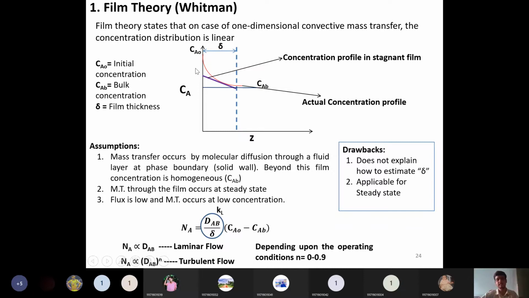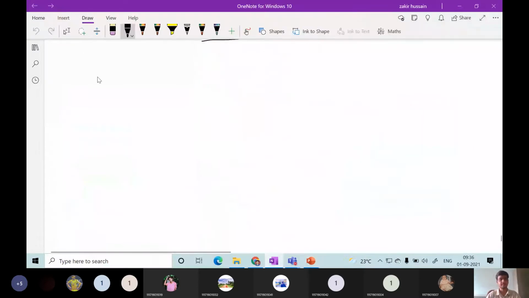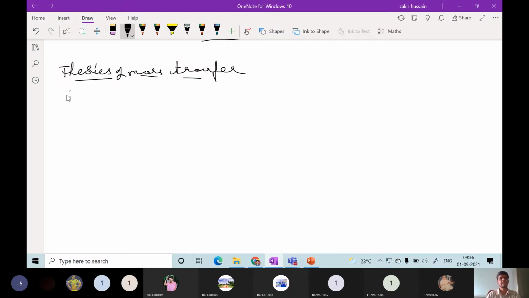That is given by Whitman's film theory, and I will explain it clearly. So the first theory is the film theory, or Whitman's film theory.